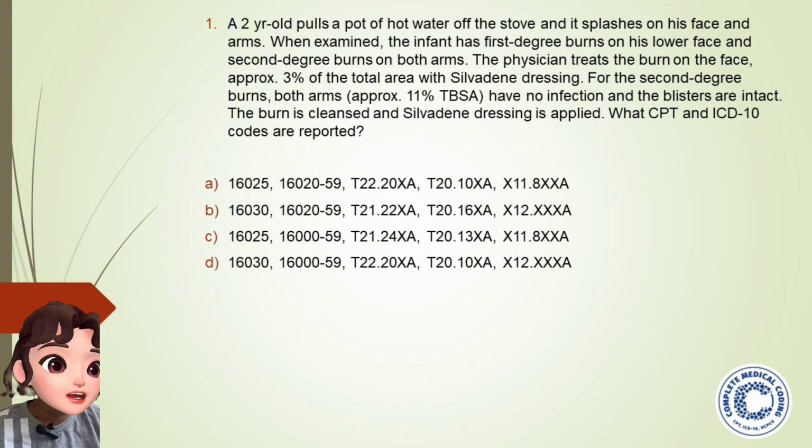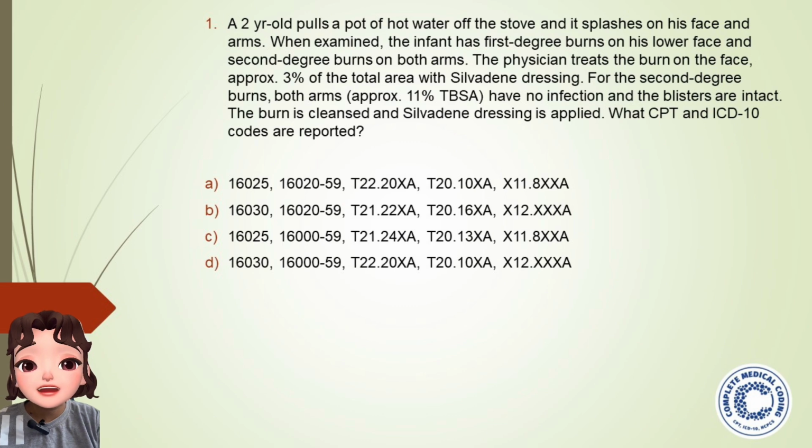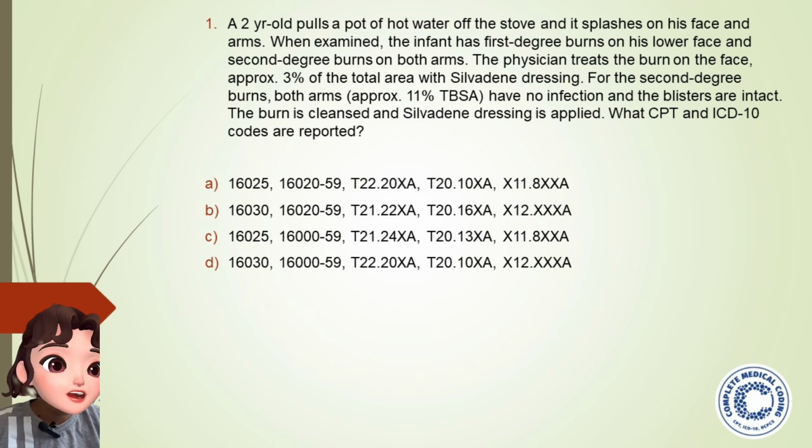What is the first code? T22.20XA. You can open the ICD code book, go to T codes, take T22.20. You will not get the exact code as mentioned in the options.